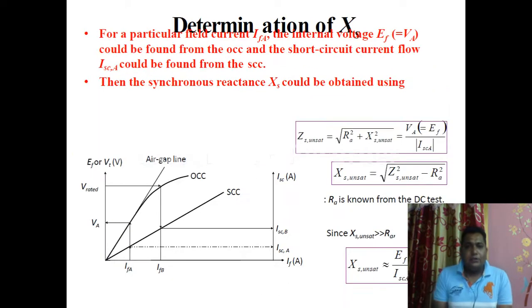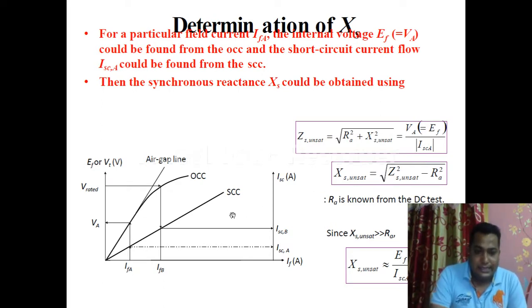Coming to the next, determination of the reactance. For a particular field current IFA, the terminal voltage EF could be found from the OCC, and the short circuit current ISC could be found from the SCC.